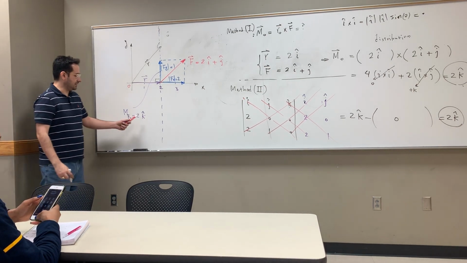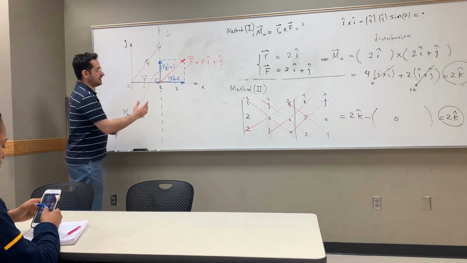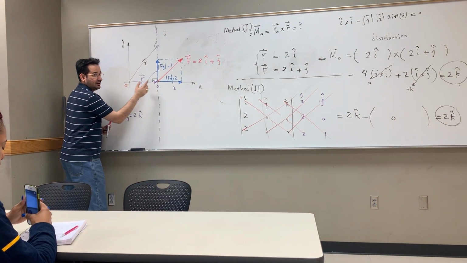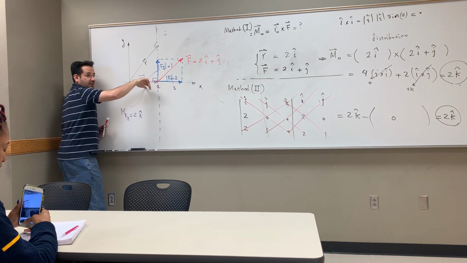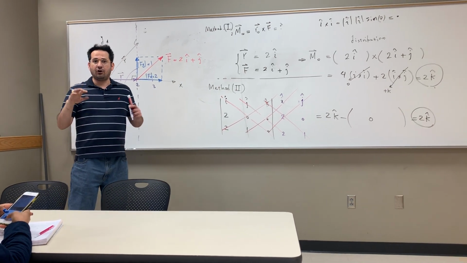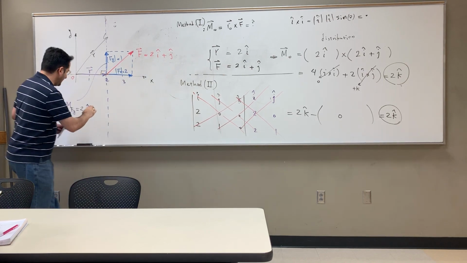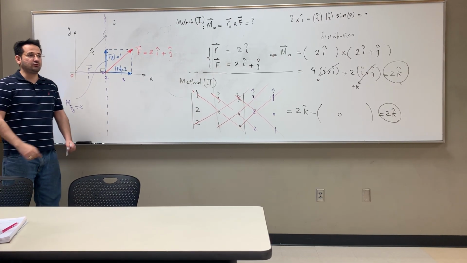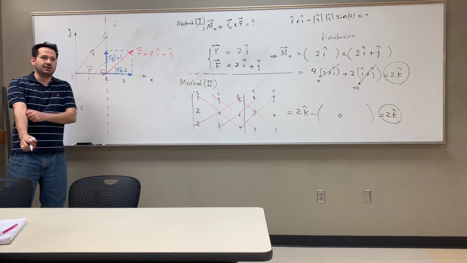Alternatively, you can just simply, because in 2D you see your position vector is always in plane, so you always do this or this. So your moment is always either positive K or negative K, right? Alternatively, you can just drop K to make your life easier as an engineer. We want to simplify everything as much as we can, right?